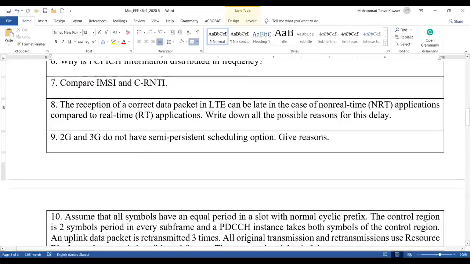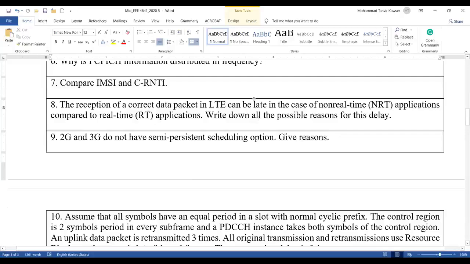Now, the reception of a correct data packet can be late in the case of NRT compared to real-time applications. What are all the possible reasons for this delay? Well, a major cause can be the additional correction in the upper layers.